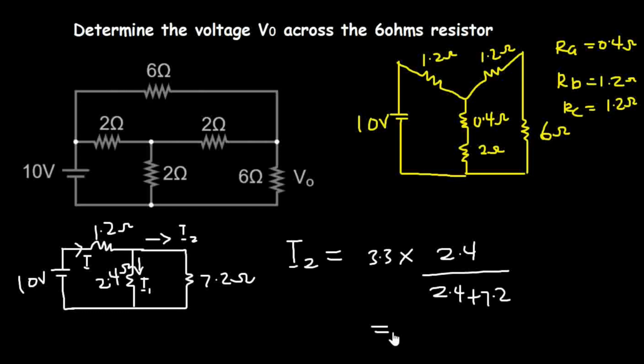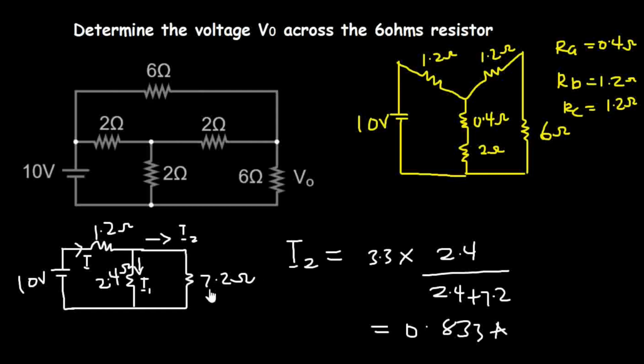So this will be 3.33 times 2.4 divided by 2.4 plus 7.2. So this will give me the current I2 to be equal to 0.8383 amperes. Okay, so this is the current flowing through this branch or through this resistor here, and that's the current that we need.